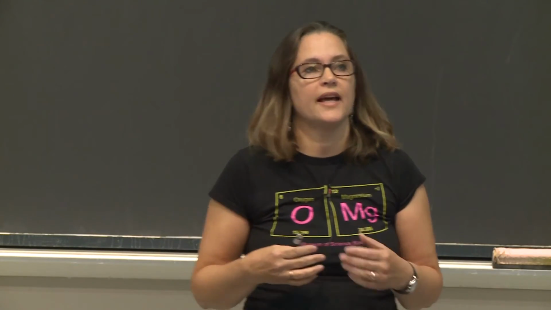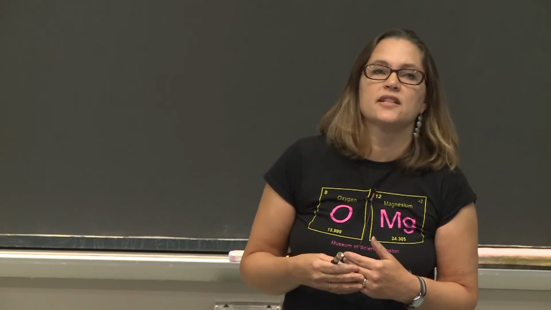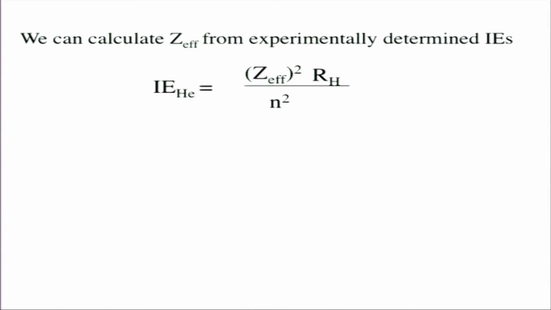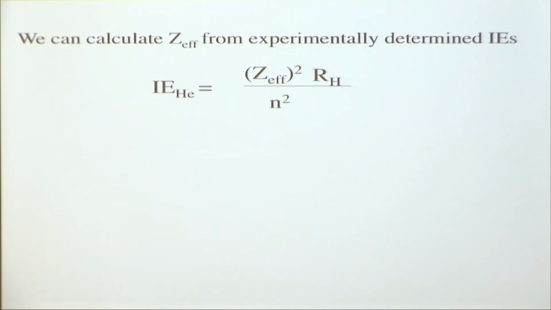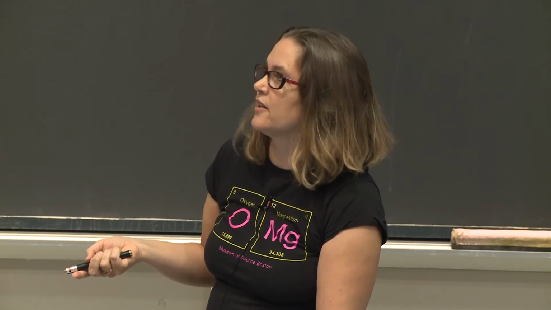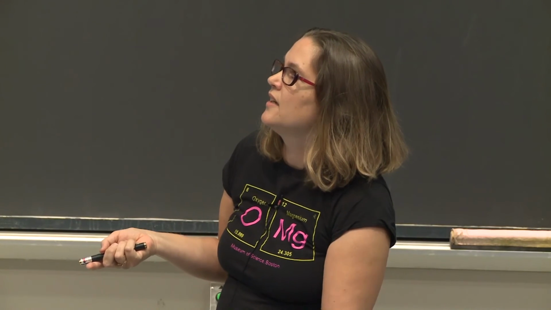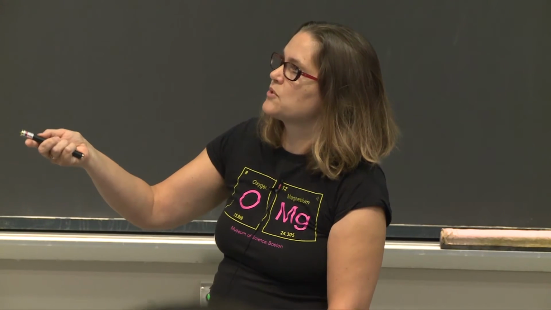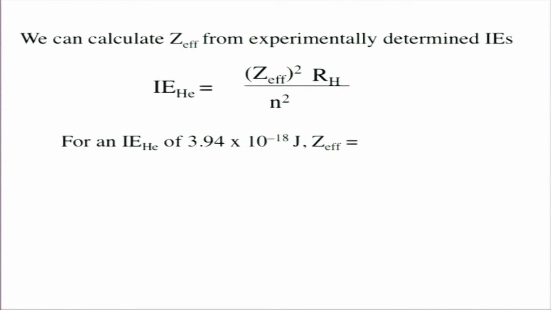So we can calculate what the Z effective is actually in this case if we know the ionization energy. So if you know the ionization energy, you can calculate the Z effective, or if you're given a Z effective, you can calculate what the ionization energy should be for that case. And so I told you that it was measured at 3.94 times 10 to the minus 18th.